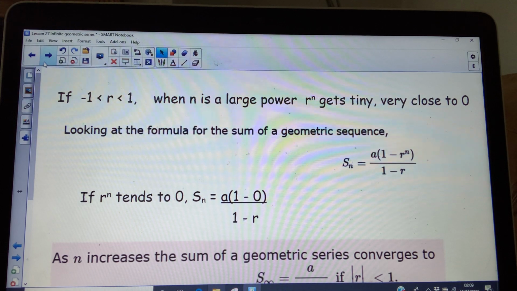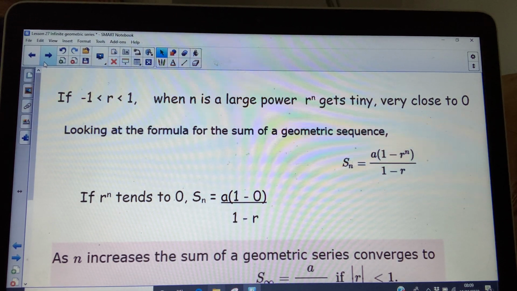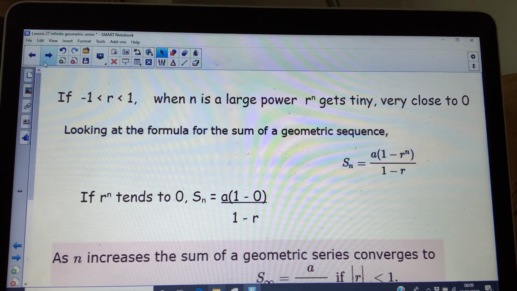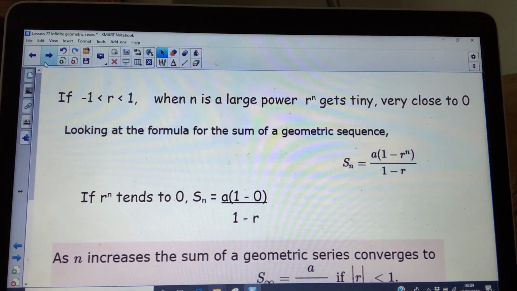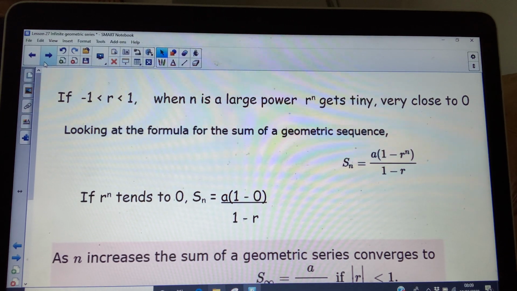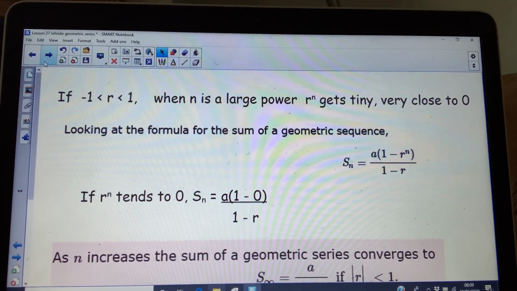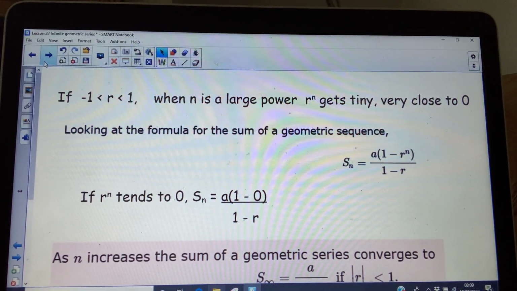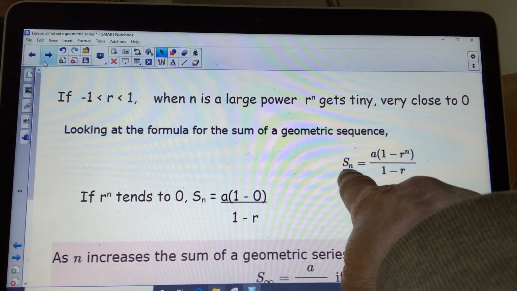You know that if a number lies between 1 and -1, like 0.5 or 0.6 or -0.3, and you raise that number to a huge power, so 0.5 to the power 12, it gets really, really tiny. It gets very, very close to 0. The result that we're going to use today comes from the one that we met yesterday.